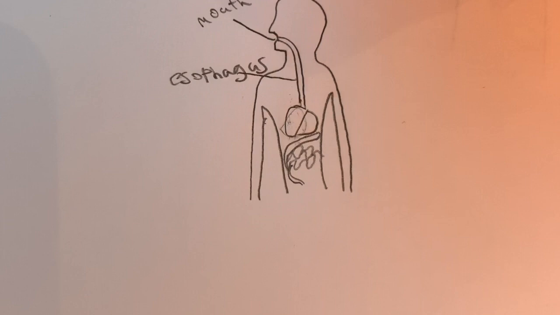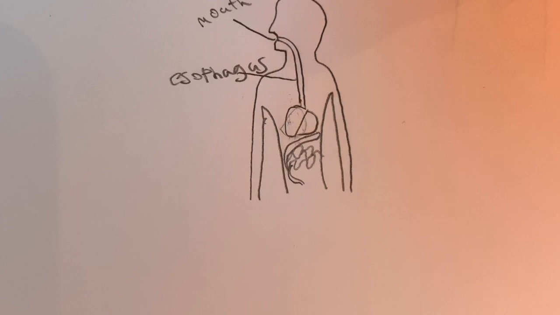It begins with mechanical digestion, where the teeth chew, churn, and mix up the food along with the tongue, breaking it down into really small pieces so that the saliva can take over and begin the chemical digestion.